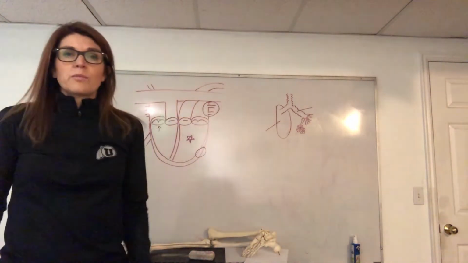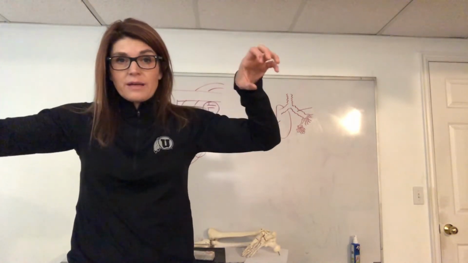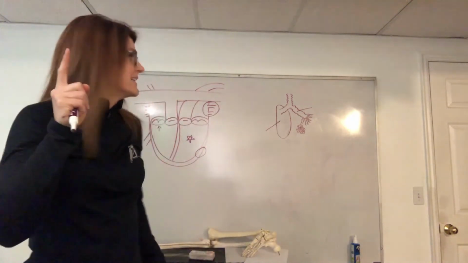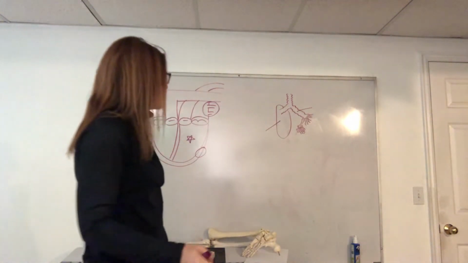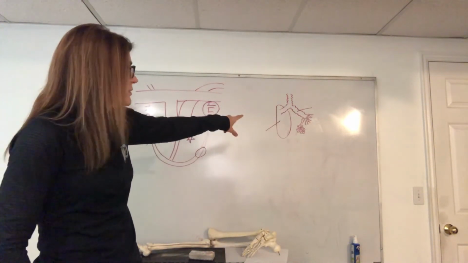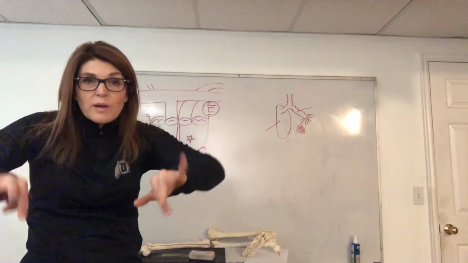Okay, then the second one I want you to tell me is this. Okay, remember we have large branches that still have cartilaginous rings on them, and for as long as those cartilaginous rings go, it's this type of tube. I'm gonna say tube. Okay, and then they'll get smaller and smaller. So I've simplified this a lot. It's not like we just have two smaller changes. We have smaller and smaller.